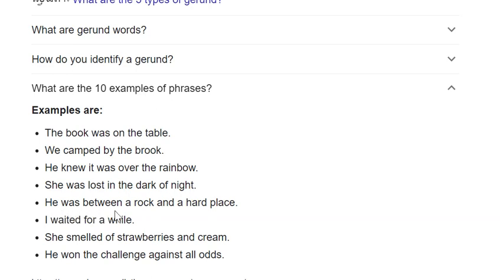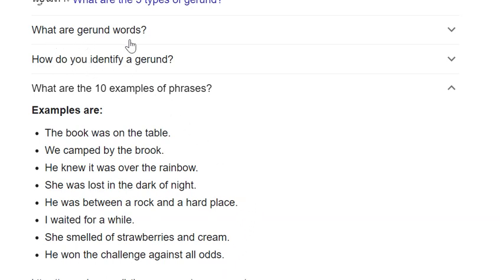He was between a rock and a hard place. I waited for a while. She smelled of strawberries and cream. He won the challenge against all odds.